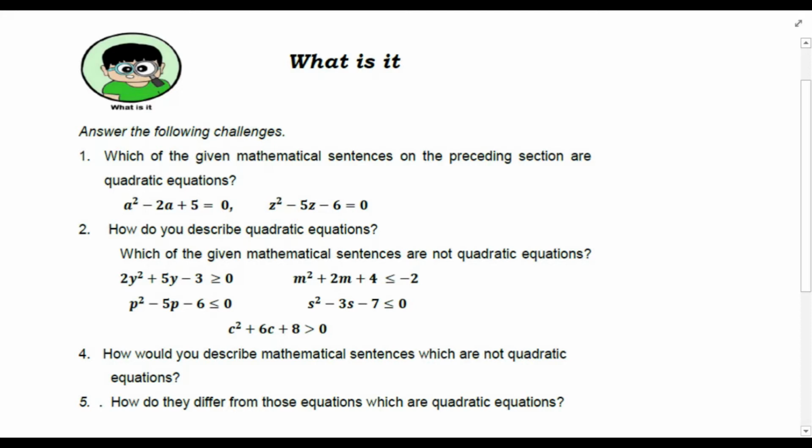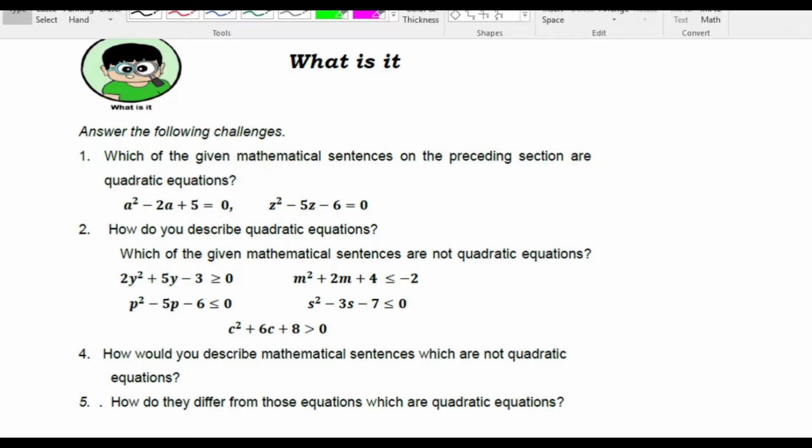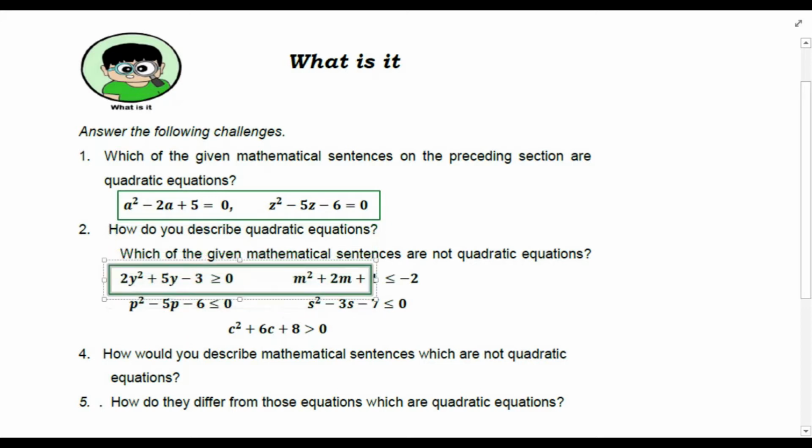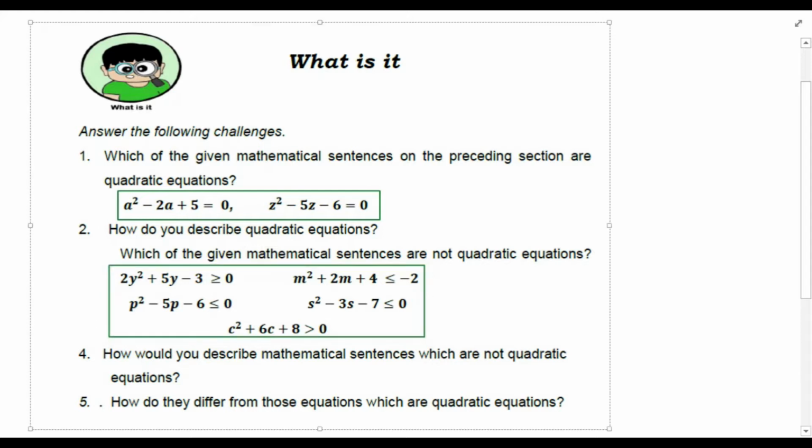a quadratic equation. From these examples here, we're going to categorize our algebraic expressions. What do you think is the kind of algebraic expression of the first one here?